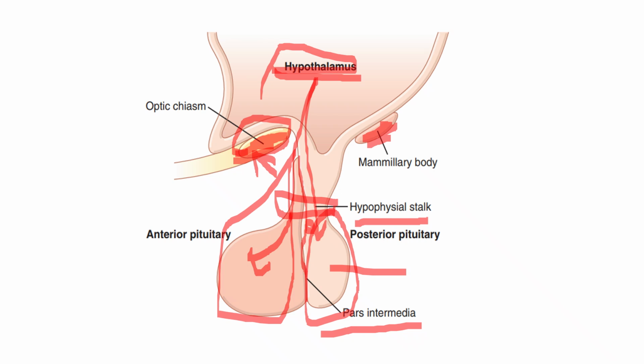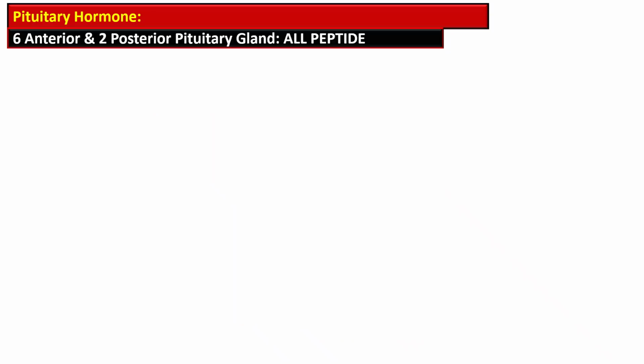These are connected to the hypothalamus via the hypophyseal stalk, and form the hypothalamic pituitary axis, a central regulatory system in endocrinology. Six hormones from the anterior pituitary and two hormones from the posterior pituitary are secreted. All of the hormones are peptide in nature.